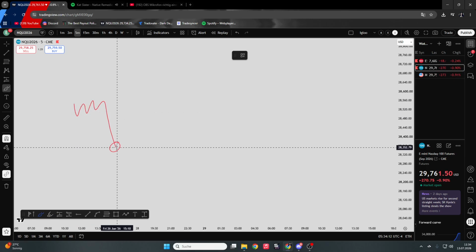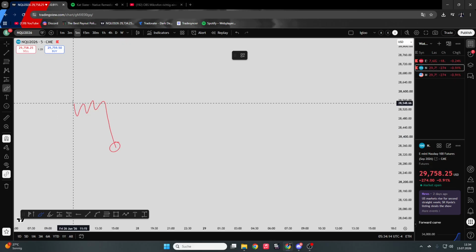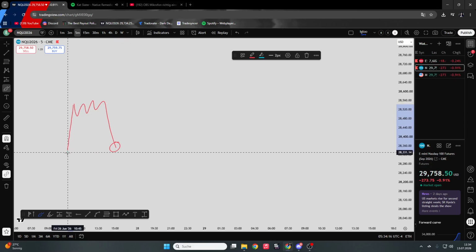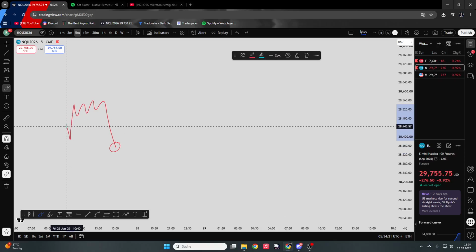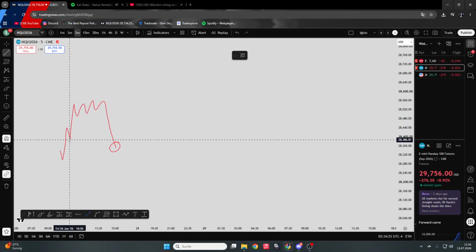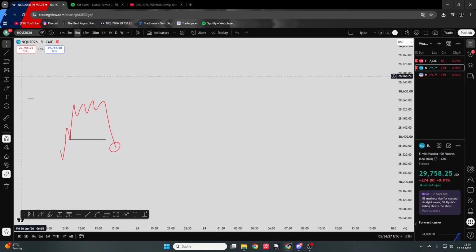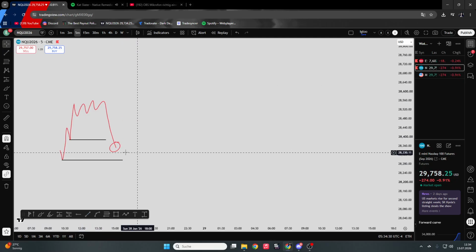But this manipulation low will take out any other draw on liquidity. So we have this and we have this as a low.